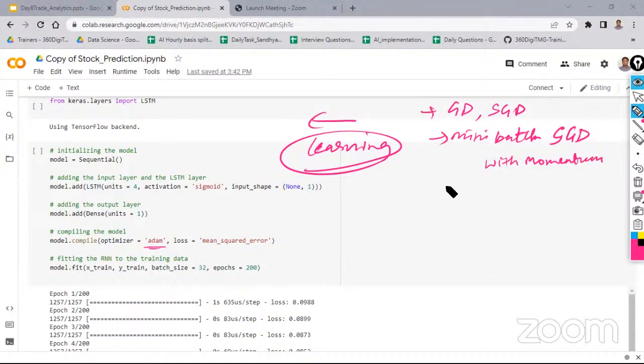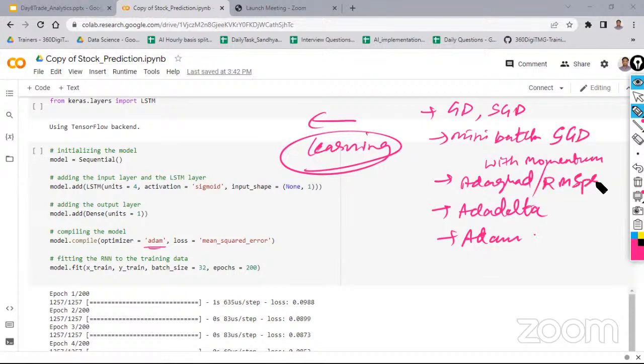So these are all optimizers, and we have AdaGrad, AdaDelta, Adam, and RMSprop. So like this, you have different optimizers that are going to update the values.